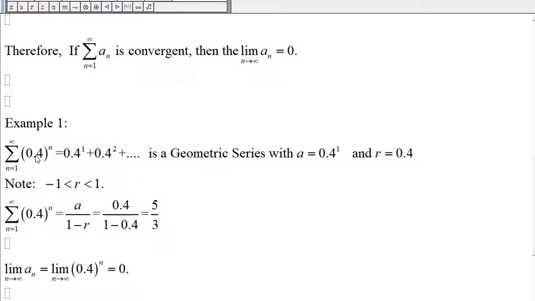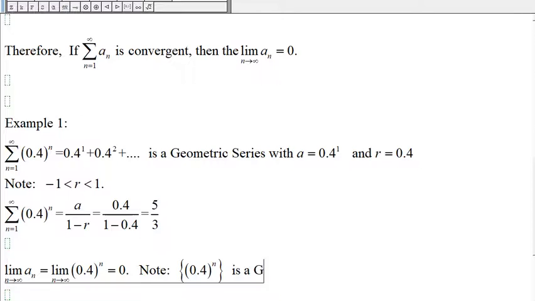Now we want to show that the limit of a sub n is equal to 0. In this case, a sub n is 0.4 to the n, which is a geometric sequence.